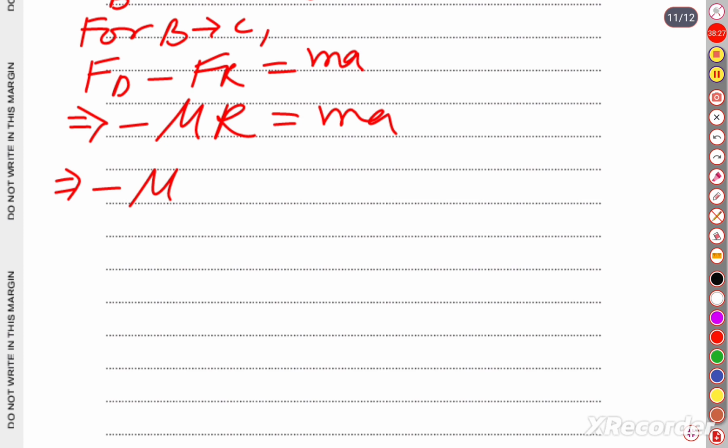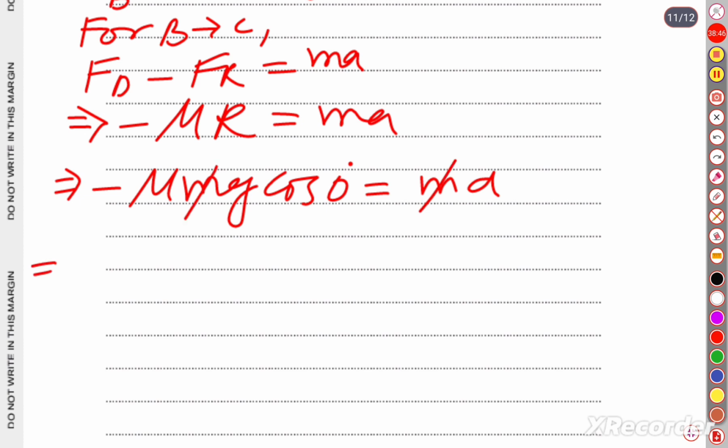It is going to be mg cos 0 degree. I have explained in the first case why it should be 0 degree. This is equal to mass times acceleration, and both the m's cancel out.